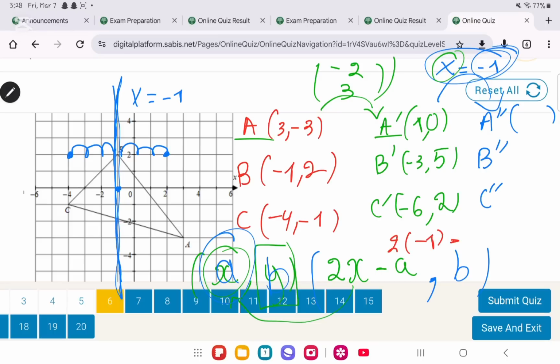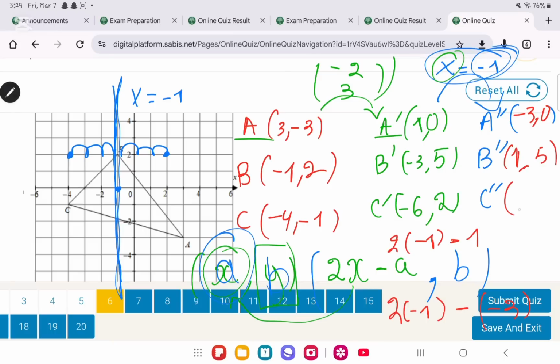In A prime, the a is 1, so it's 2 times minus 1 minus 1, and you get minus 3, 0. The y stays the same. Same thing goes for B double prime: the y stays the same, it is 5. But to find the x, it's 2 times minus 1 minus minus 3, so it's minus 2 plus 3, which is 1. So now we have a point, which is 1, 5.